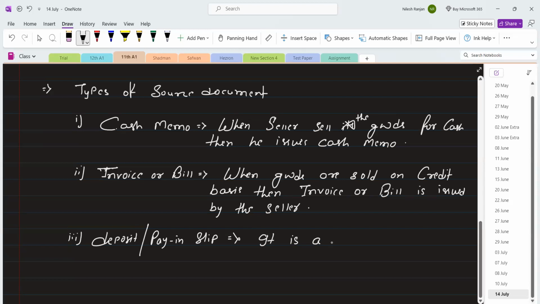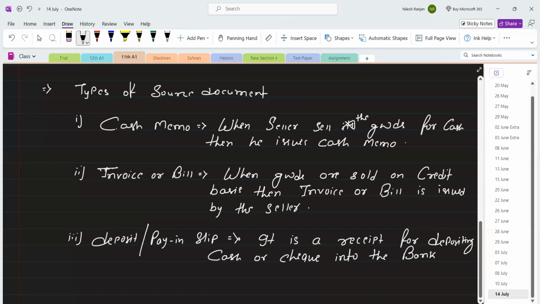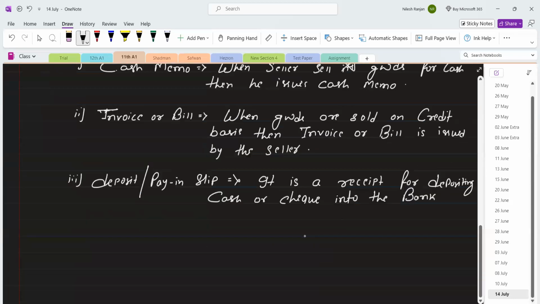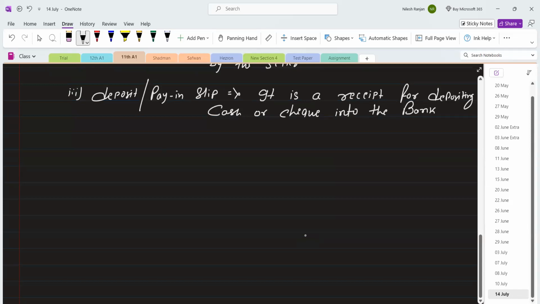It is a receipt for depositing cash or cheque into the bank. So this is a deposit slip. These are the main source documents that one can find.